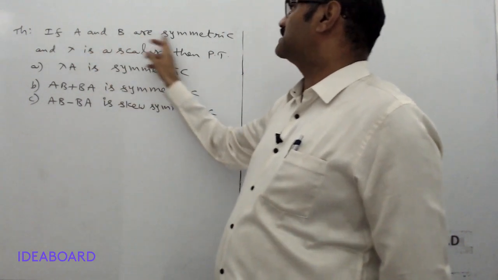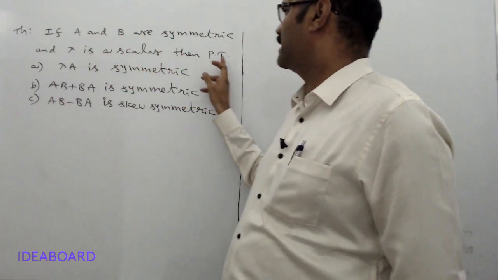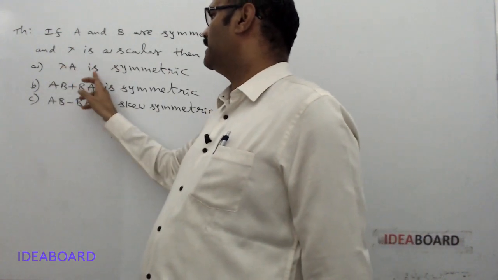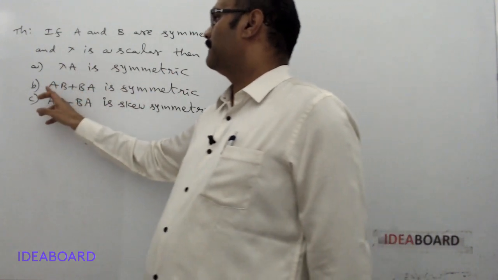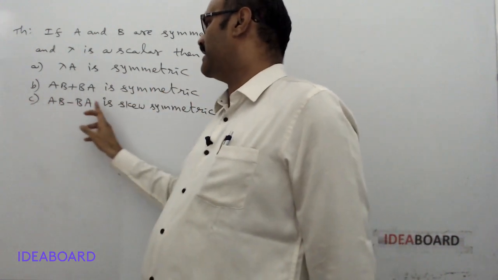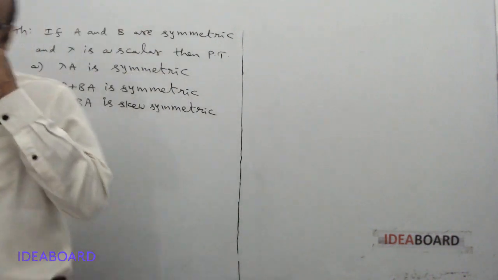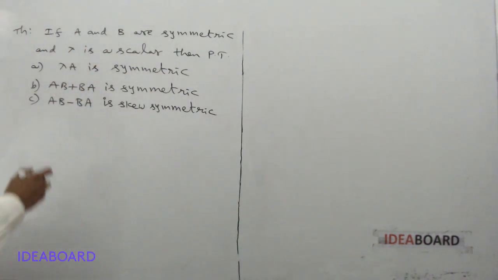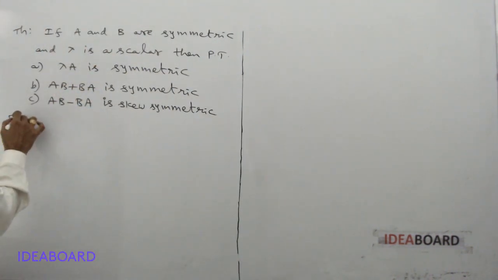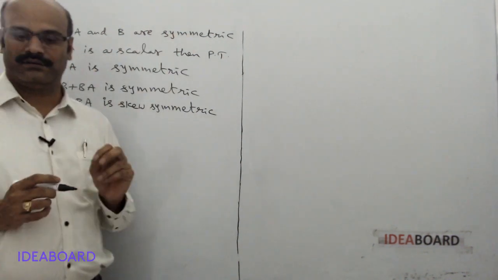Theorem. If A and B are symmetric and lambda is a scalar, then prove that A. lambda into A is symmetric, B. AB plus BA is symmetric, C. AB minus BA is skew symmetric. In the problem it is given that A and B are symmetric.